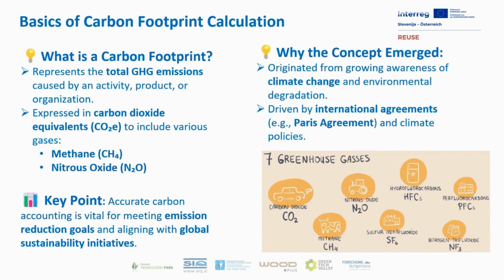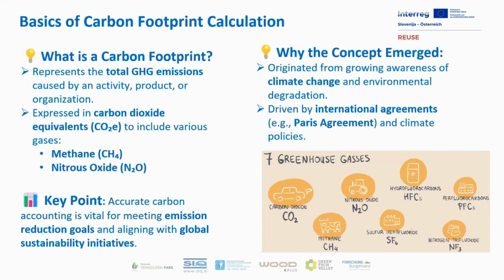So before we look at how to calculate a carbon footprint, it's important that we first understand what it actually is. Put simply, a carbon footprint is the total amount of greenhouse gas emissions caused by an activity, a product, or an entire organization, either directly or indirectly.